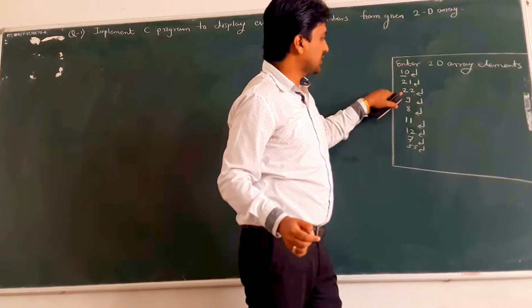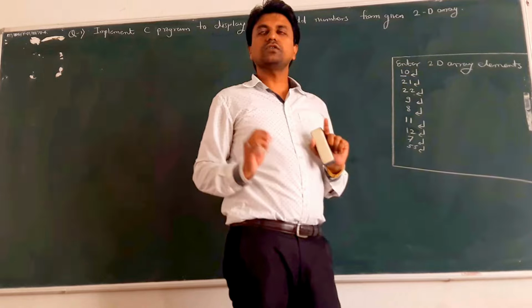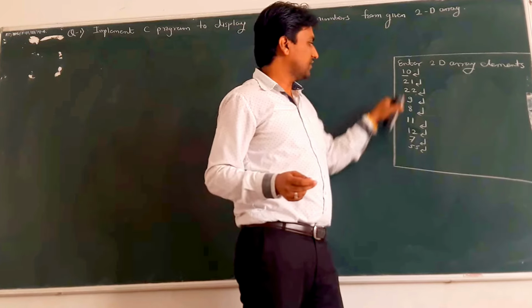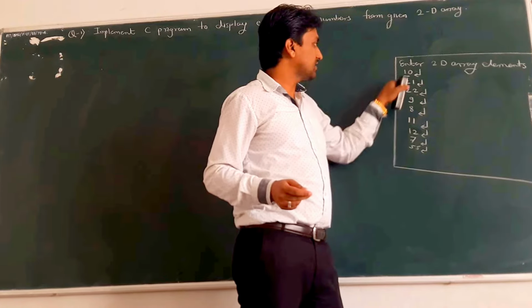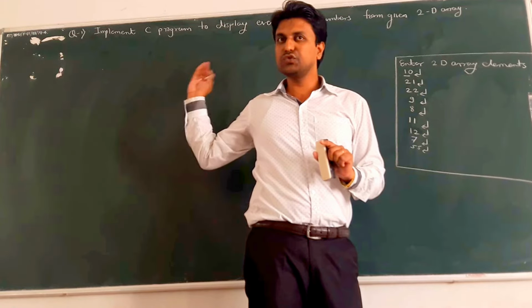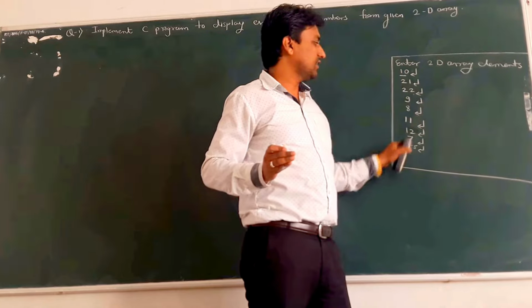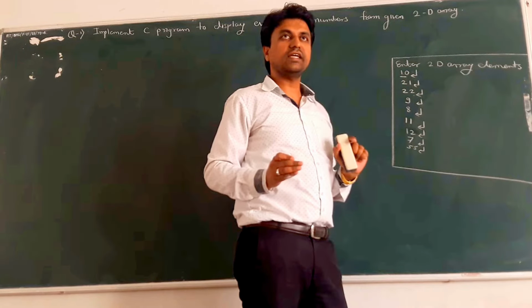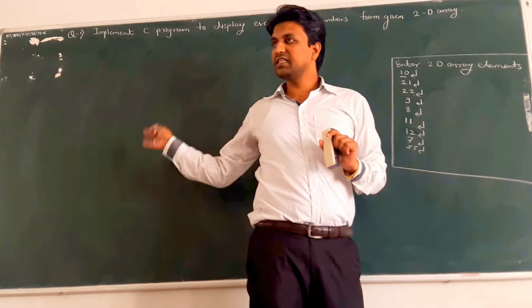So the total elements are 9. After scanning, these 9 elements are stored into the two-dimensional array. Since the array is two-dimensional, we save those elements into the two-dimensional array A of 3 by 3.